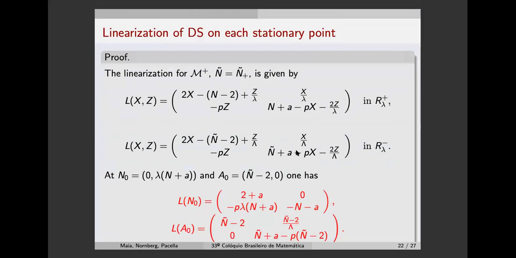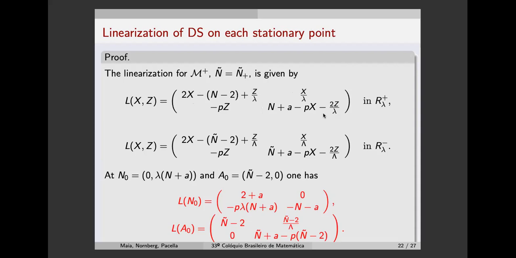So we linearize the system of ODEs that we have, and the linearization at any point (x, z) is the derivative of f with respect to x, the derivative of f with respect to z, the derivative of g with respect to x, and the derivative of g with respect to z.